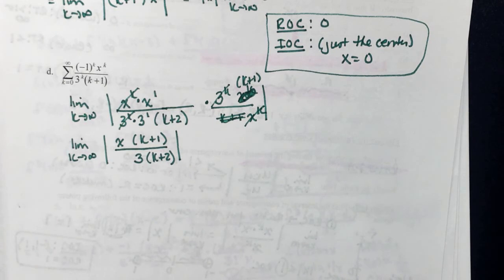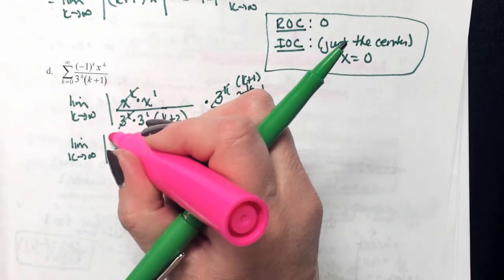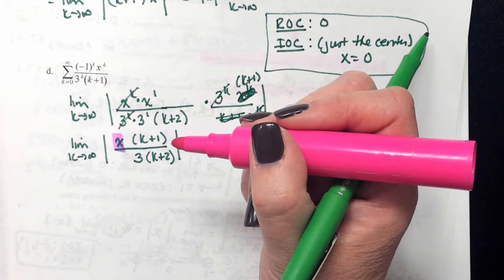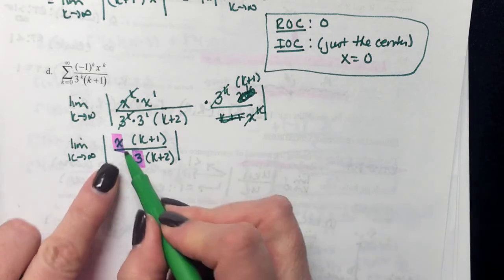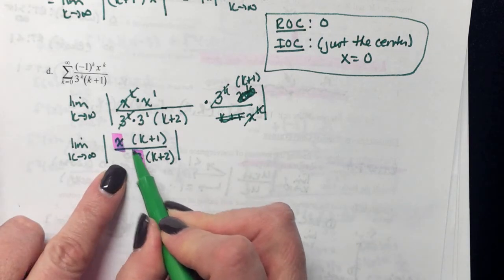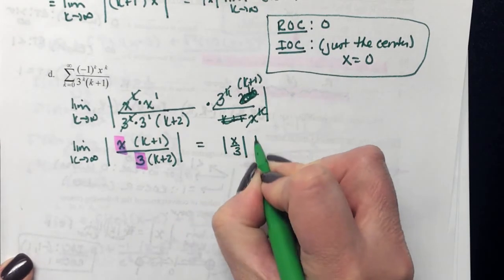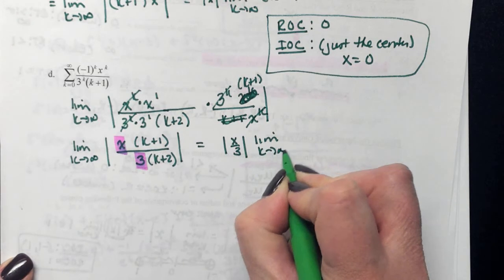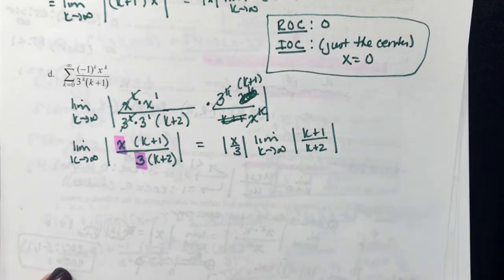Now, the one thing, ladies and gentlemen, you have to do, when you're doing the absolute convergence, you not only are going to factor out the absolute value of x, but you also want to pull out any constants. If you do not pull out the constants, you're going to interpret the ratio test incorrectly. So when you pull out the absolute value of x, you're also going to pull out the absolute value of x over 3, and look at the limit as k goes to infinity of the absolute value of k plus 1 over k plus 2.